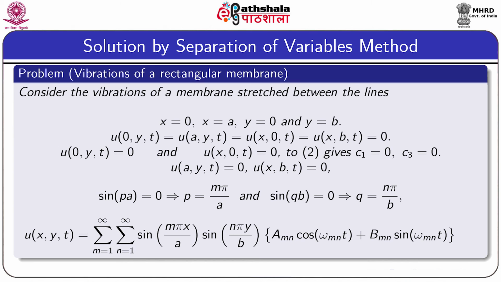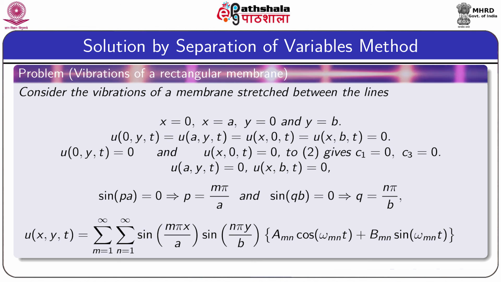So, that is written here, C1 is equal to 0, and if we use the condition u(x, 0, t) equals 0, that means if we put y equal to 0 in solution 2, this gives C3 equals 0. So, that is also written here, C3 equals 0.